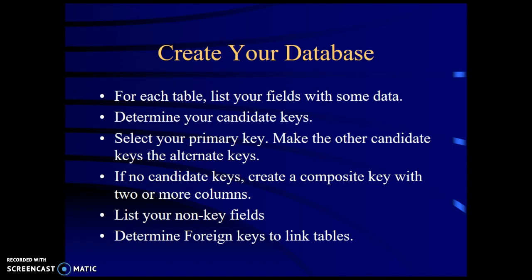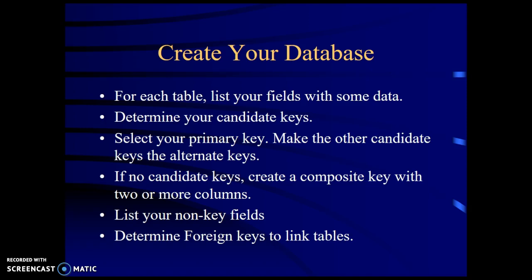Now, when you're creating your own database, you want to create a small table, list your fields, and put some data into it. Your first step then is to look at the data in there, look at your fields, and determine your candidate keys. Once you have your candidate keys, select your primary key. The primary key should contain the most minimal data possible.